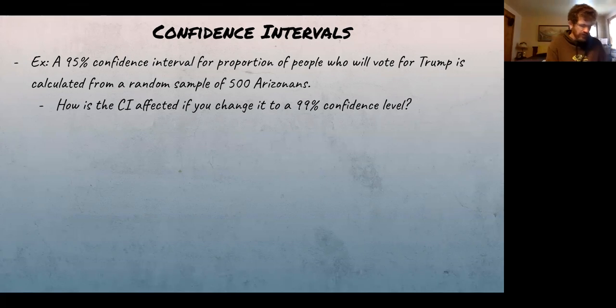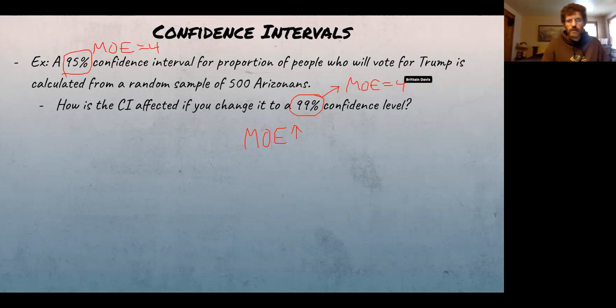So you could think of it this way, that your margin of error increases. So if we started off in this one, let's say our margin of error was 4, and then we go to 99% confidence level, then we might have our margin of error go to, I'll just say, 4.5, which means our confidence interval right here will now widen just a little bit for the 99% level.